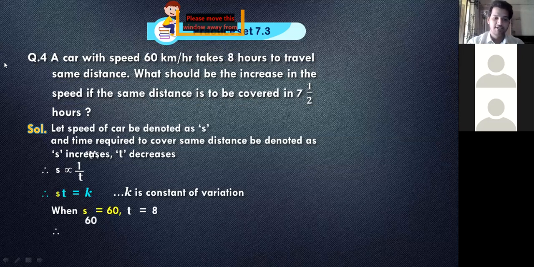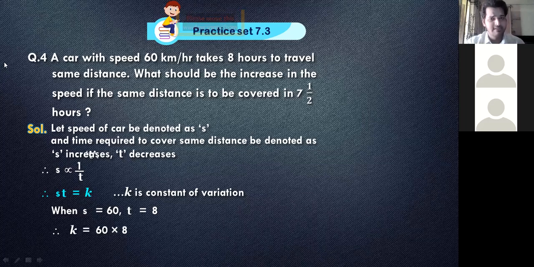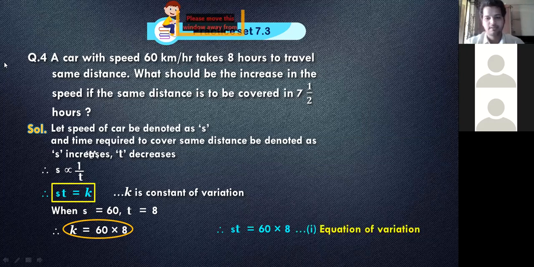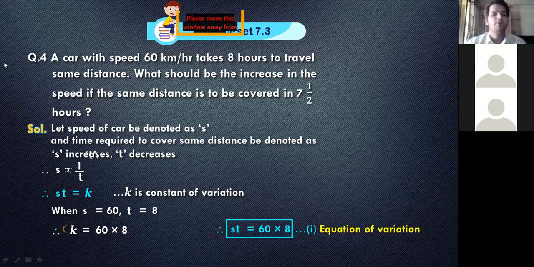So 60 into 8 will give you k. Correct? Either you can multiply 60 into 8 or you can keep it as it is also. So S into t will be equal to 60 into 8. This is our equation of variation. Okay, students? So start writing this particular slide in your notebooks.